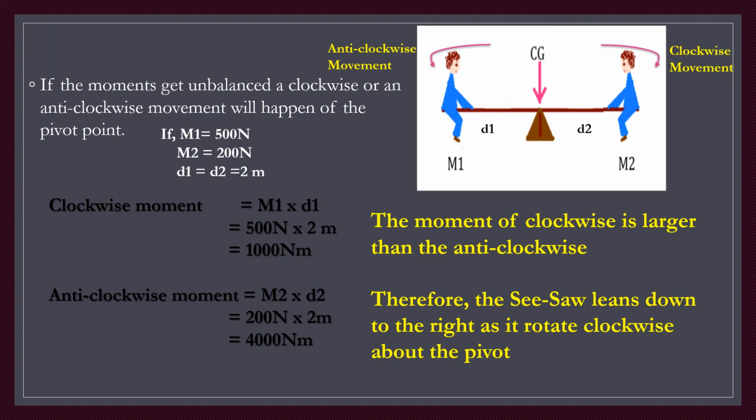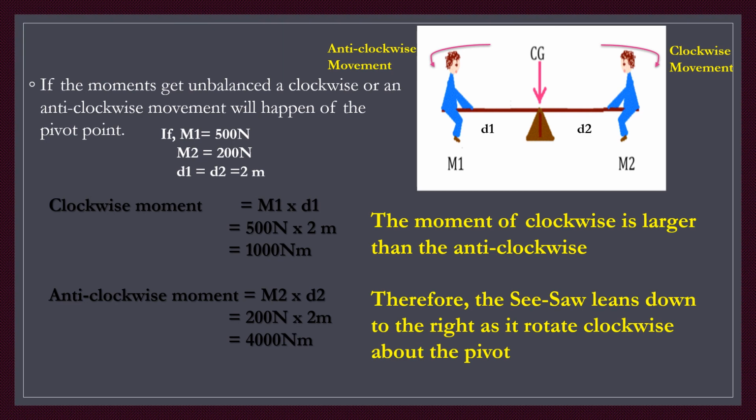In this problem, m1, which is the weight of the first person, is 500 newtons and m2 is 200 newtons. d1 and d2, which are the perpendicular distances from the pivot, are 2 meters. And the pivot is at the center of gravity.